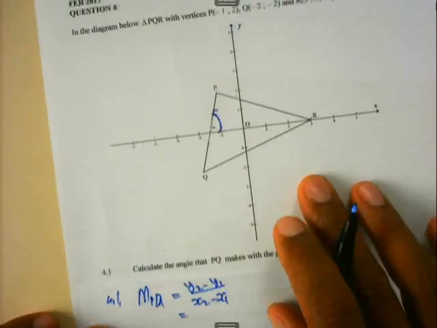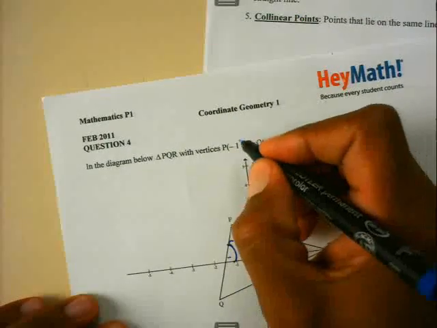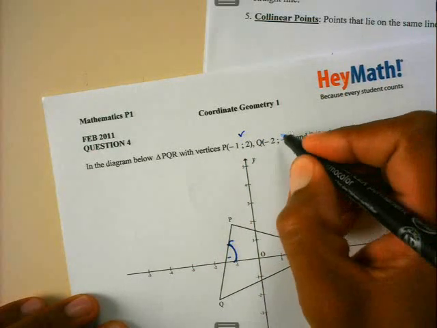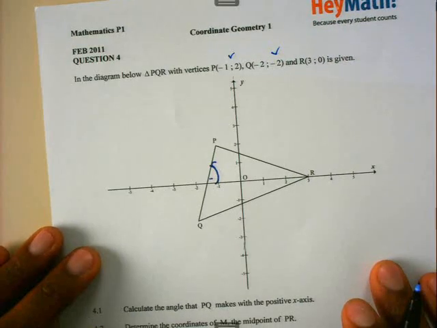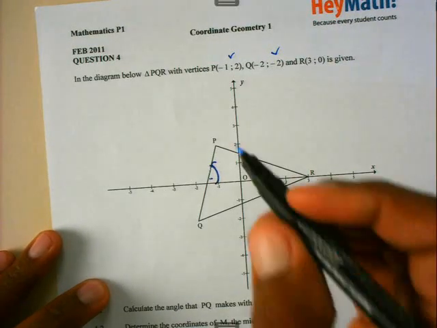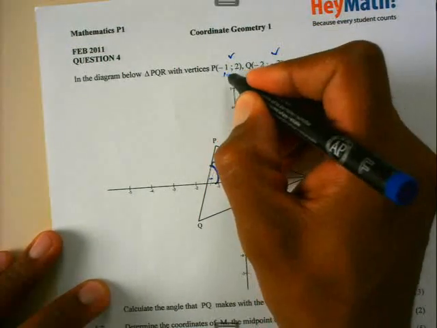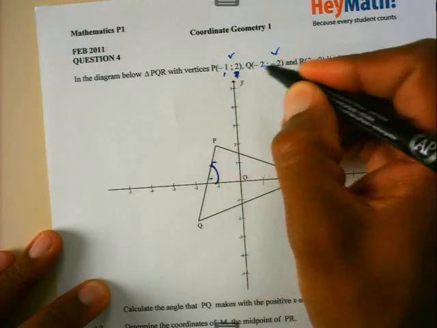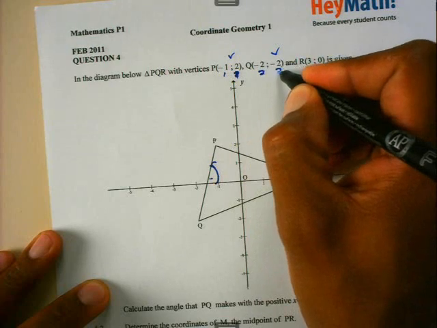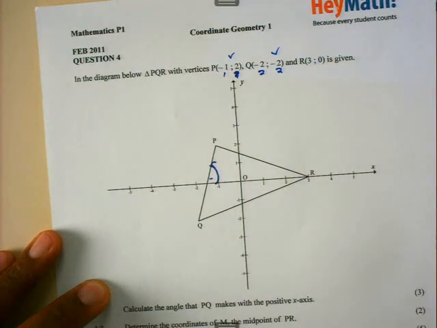Now we are going to use P as well as Q. From this one, I can say this is x1, y1, and then x2, y2.